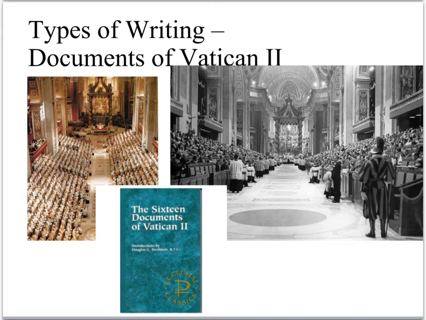Pope John XXIII, when he called this church council, said that the church needed to pay attention to the signs of the times. What he meant is, let's take a look at what's going on in our world and respond to that, which is a lot of what morality is trying to do. And so there were a number of sessions and documents produced from this council that address some specific moral issues. And we'll look at those more in class.